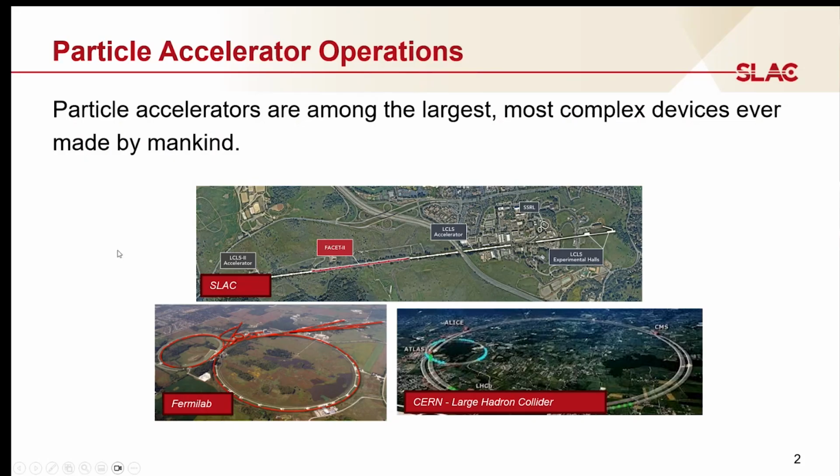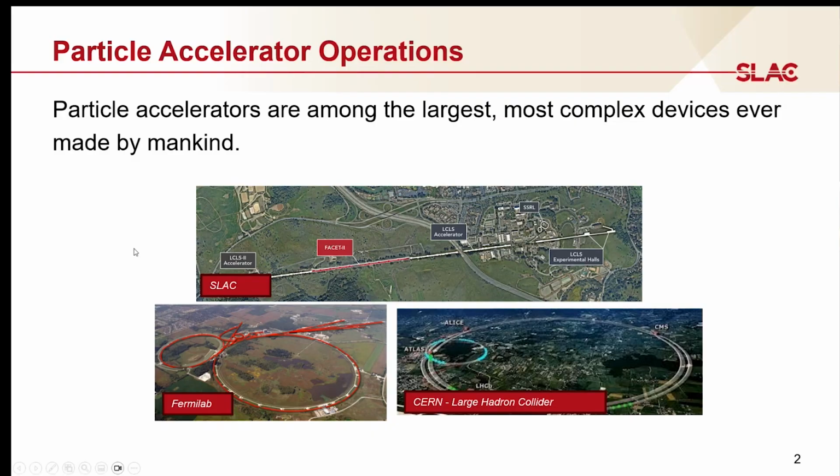Particle accelerators are some of the largest, most complicated devices we've produced as a species. Some examples of these massive facilities include the accelerator that we have here at SLAC, as well as the accelerator complex at Fermilab, and, for example, the Large Hadron Collider in the EU.